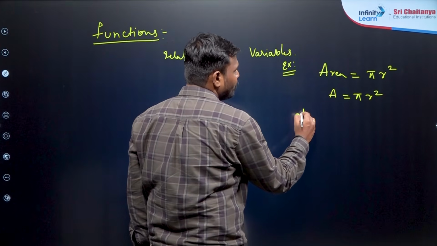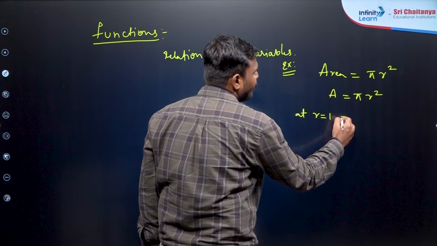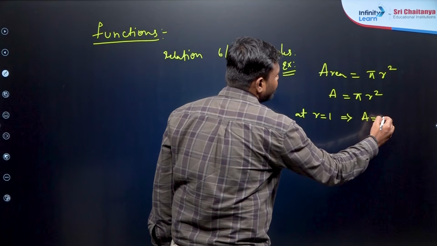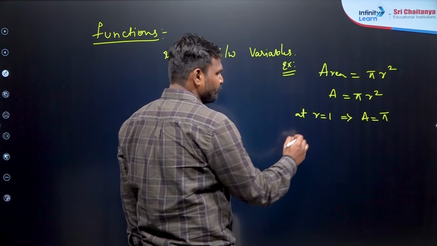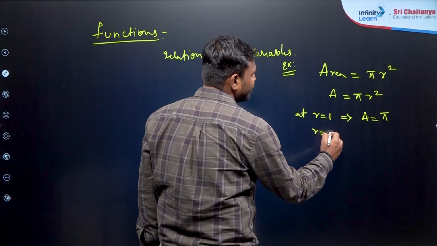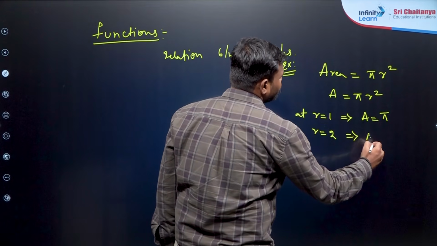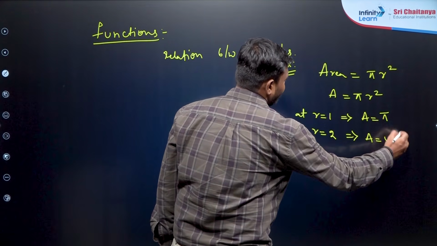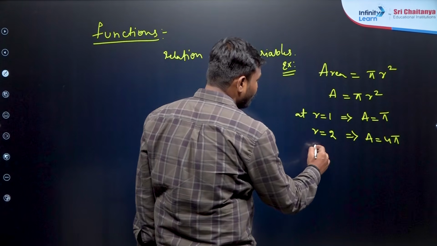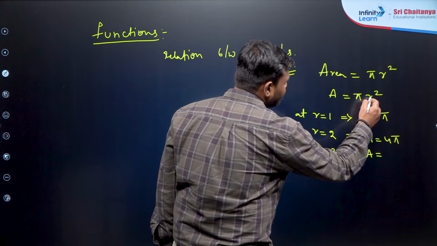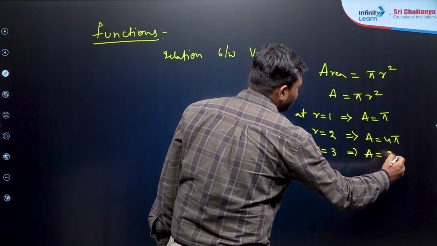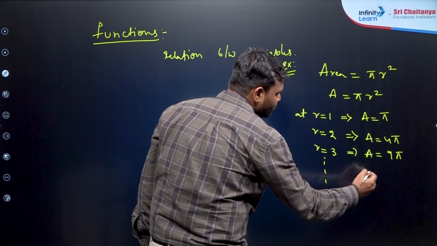So if I put the radius value 1, the area of the circle is going to become pi meter square or pi units. And if I put radius as 2, what is the area going to become, sir? 4 pi. Yes or no? If I put radius as 3, my area is going to become 3 square, that is 9 pi, and so on.